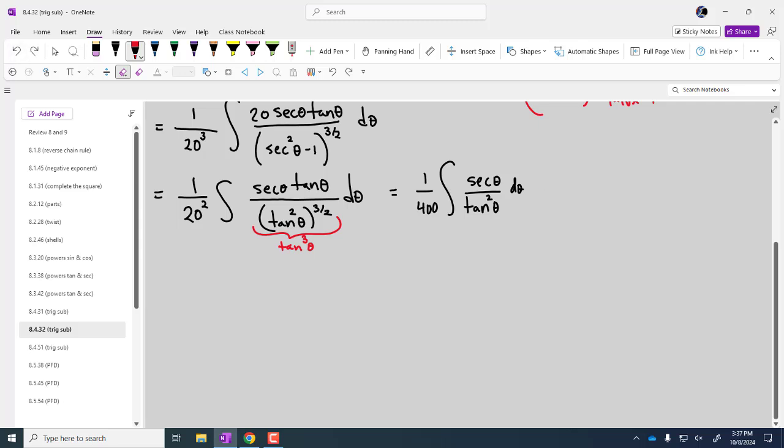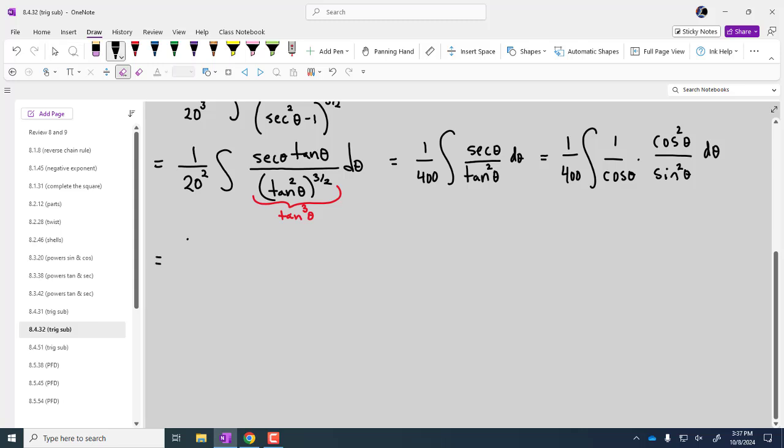So with sine and cosine, we will end up with secant is 1 over cosine. Tangent squared is sine squared over cosine squared, but we're dividing, so we're going to do this. One of the cosines will cancel.